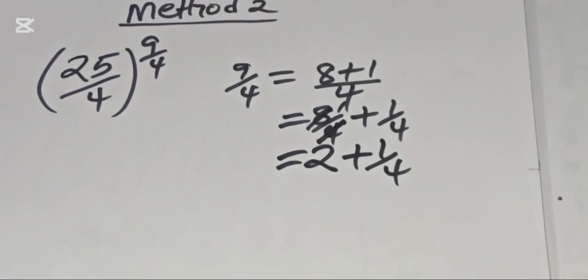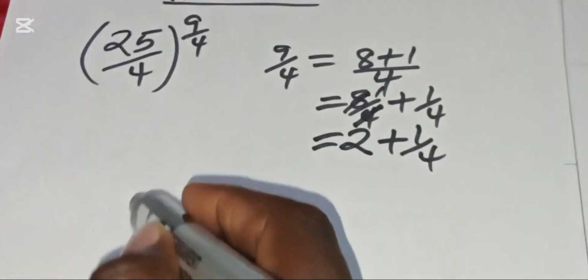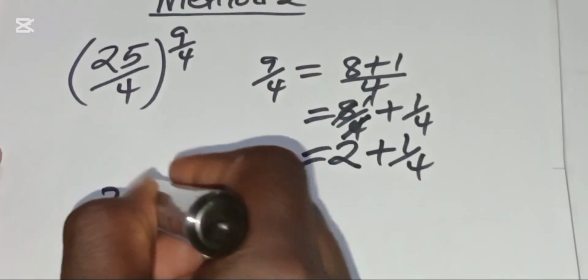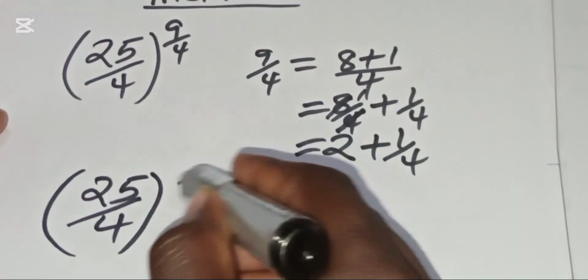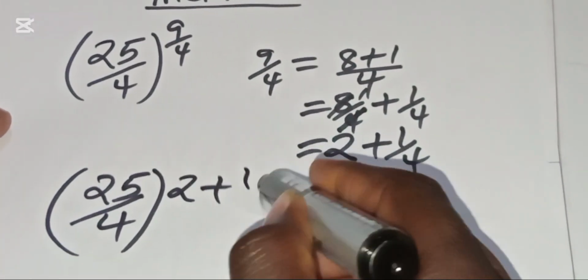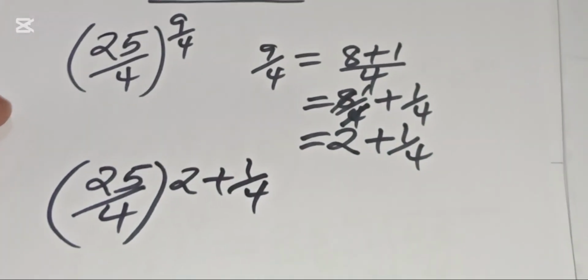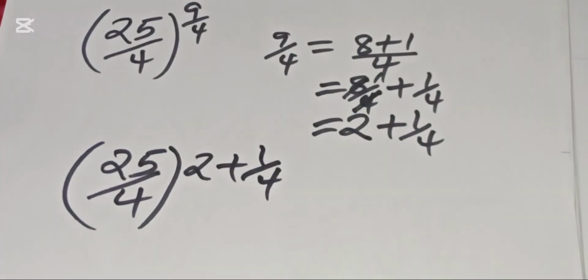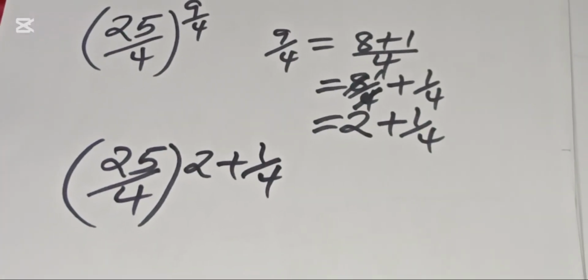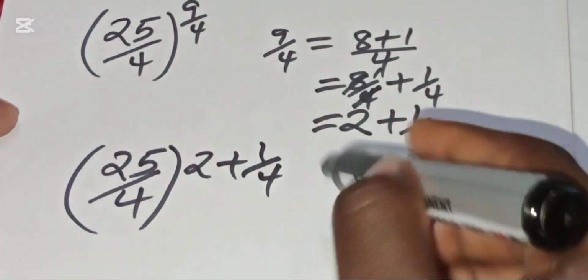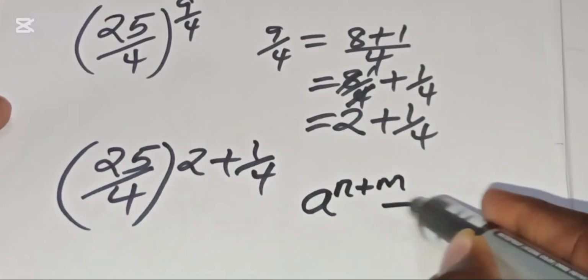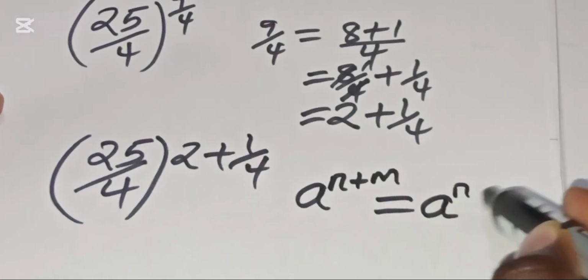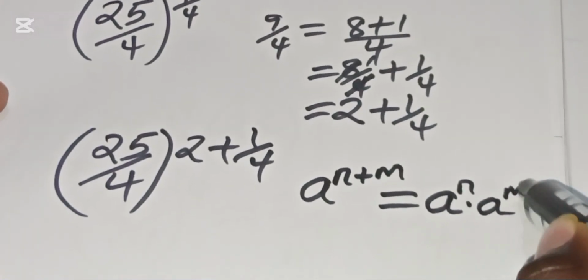Okay, so let's substitute this. We are going to have 25 over 4 raised to power 2 plus 1 over 4. All right, now from what we have, 25 over 4 raised to power 2 plus a quarter, this is in the form of a raised to power n plus m, which we can write as a raised to power n multiplied by a raised to power m.